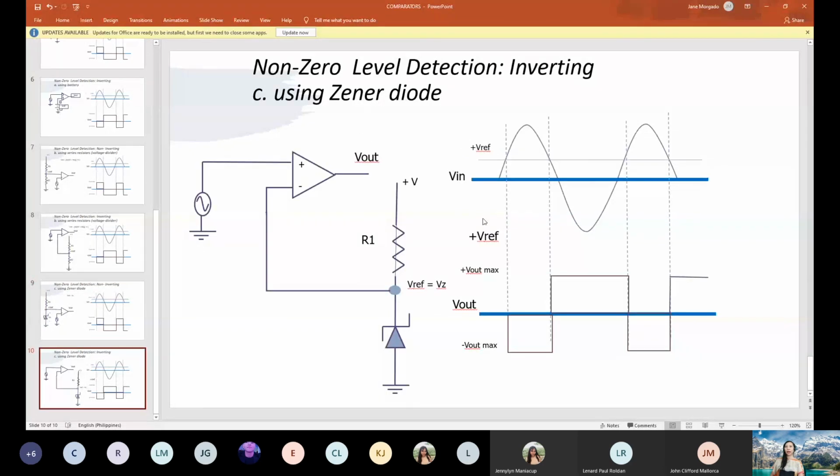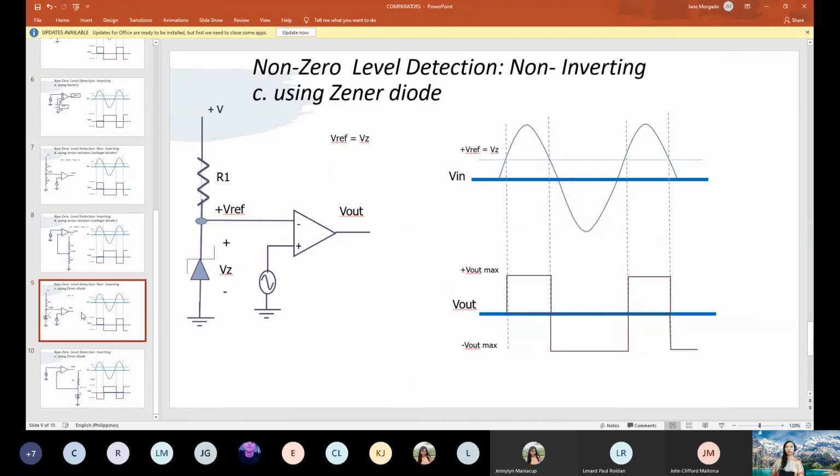And lastly, we have the inverting comparator using a Zener diode.